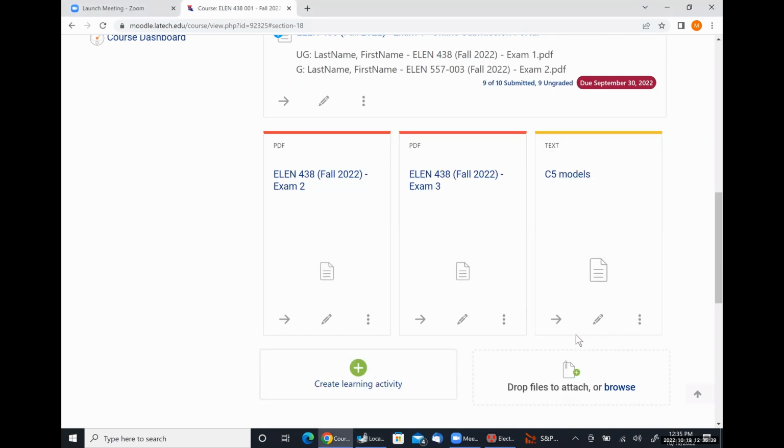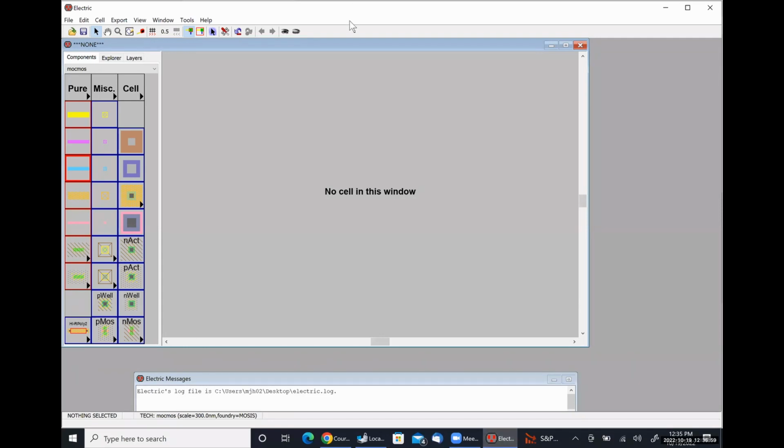There we go. And then that C5 models file location is going to be different because it depends on where you install it. I put it in my root directory so that I didn't have to type out a bunch of stuff. It's a text file, so it doesn't occupy a particularly large or really any space.